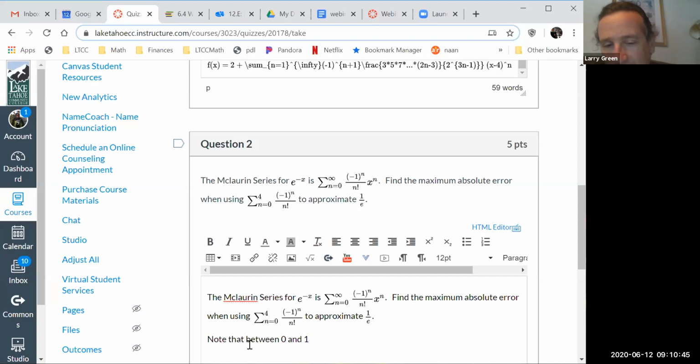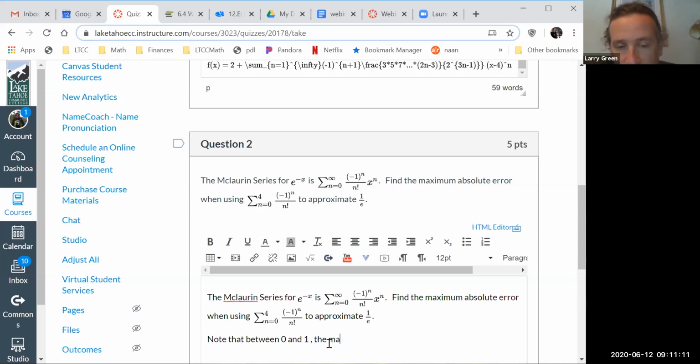It means that is at 0, and we're plugging in 1 for x to get this guy. That's why the x to the n goes away, because 1 to the n is just 1. So between 0 and 1, the maximum of e to the negative x is just going to be 1, because e to the 0 is the maximum.